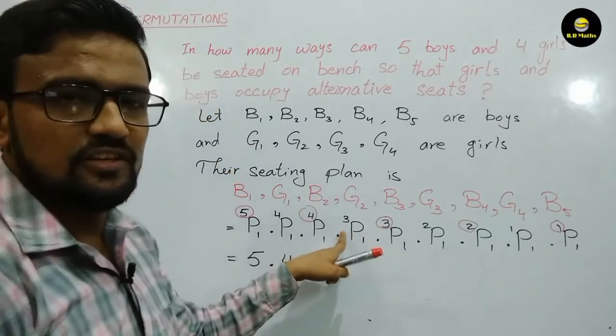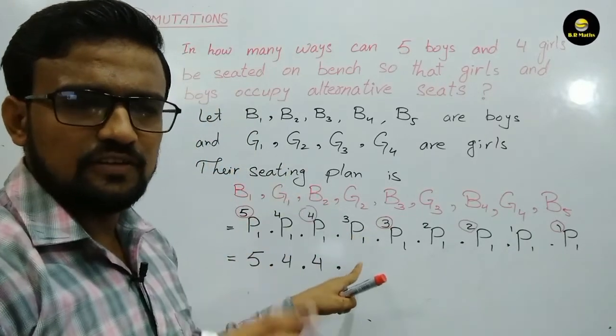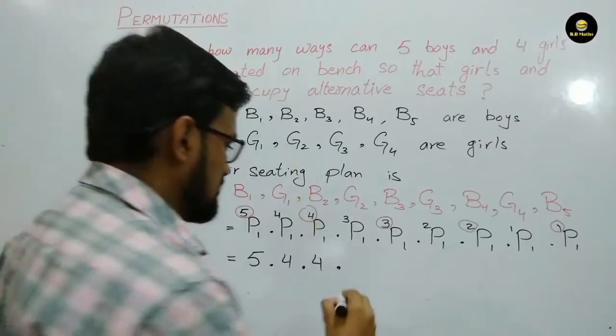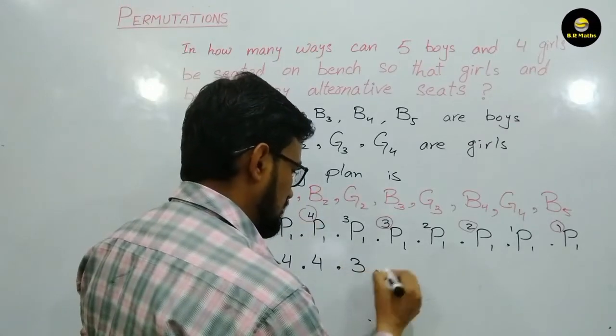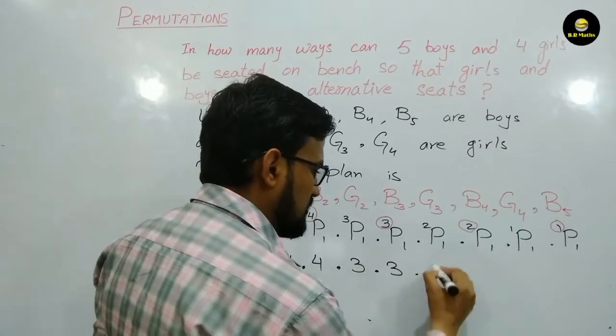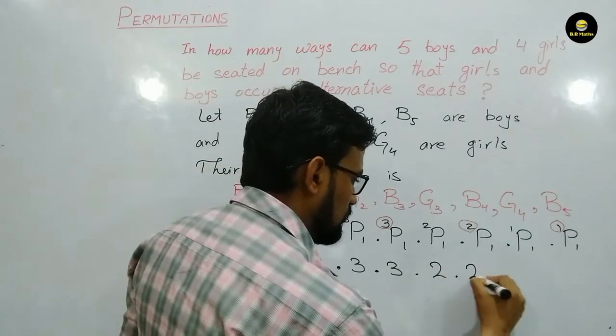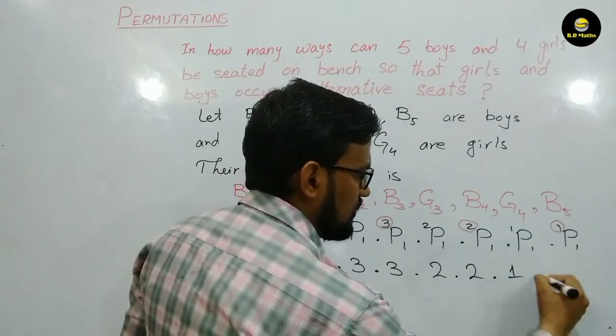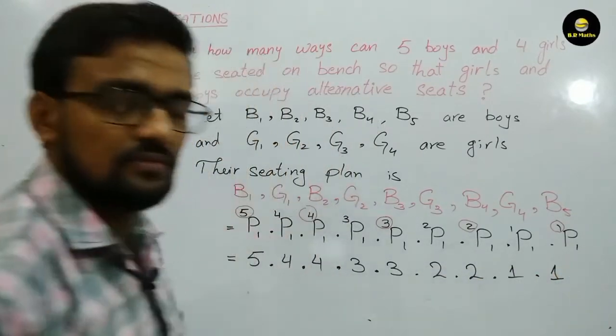And next, 3 factorial divided by (3 minus 1) factorial means 2 factorial cancels and then 3 is remaining, and this is also 3, and similarly this is 2, 2, 1 and 1.